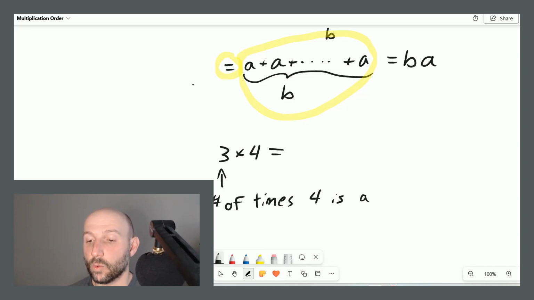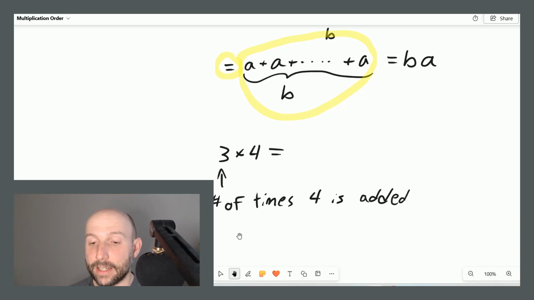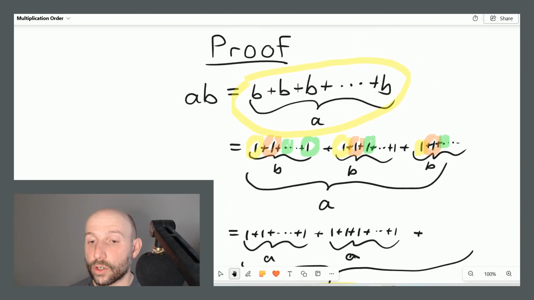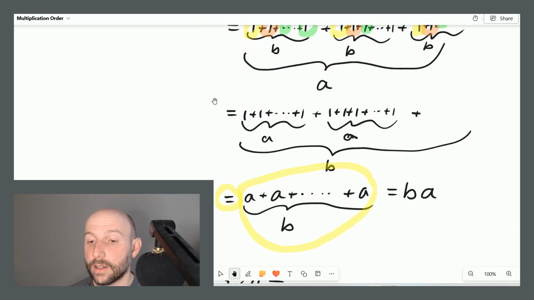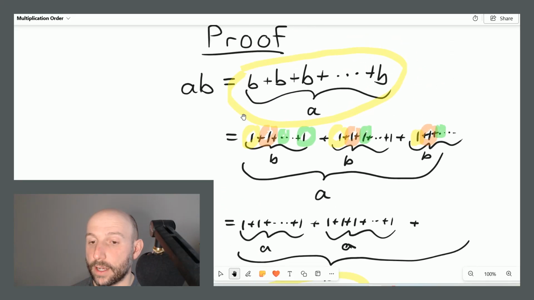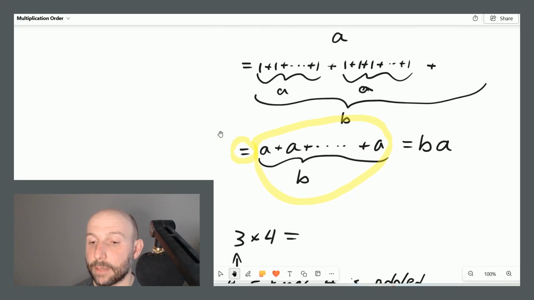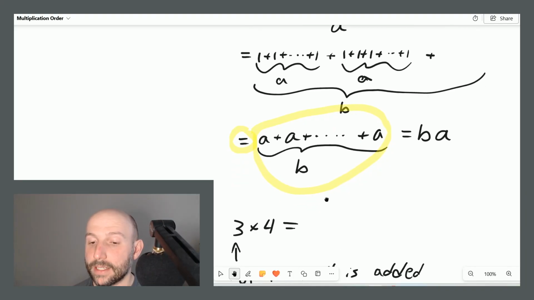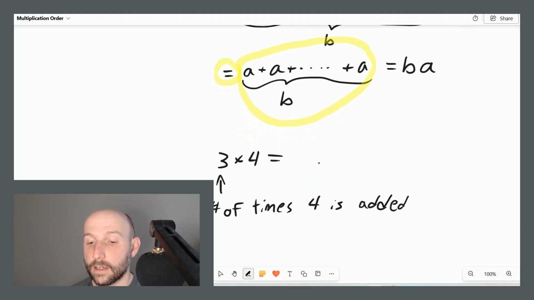Well, what we just showed in our proof is that the order can be switched and they are equal to one another, not just in terms of final result, but B added up A times is the same as A added up B times. 3 times 4 is the same as 4 times 3.